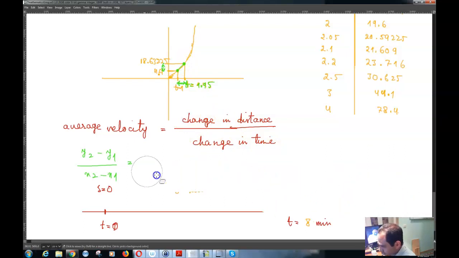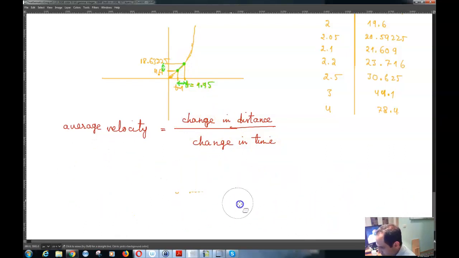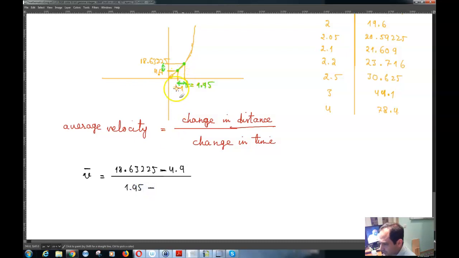So then what I can do is take these values over here. The average velocity v, some people call it v bar, some people call it v. That's of course only important in physics, not for what we are doing over here. So your change in distance is 18.63225 minus 4.9 over 1.95 minus 1.